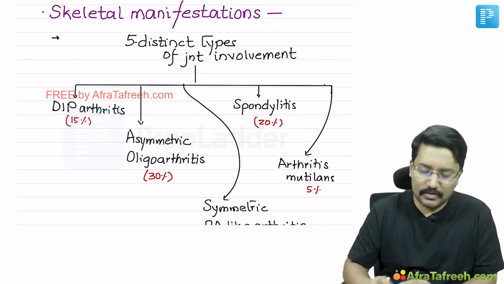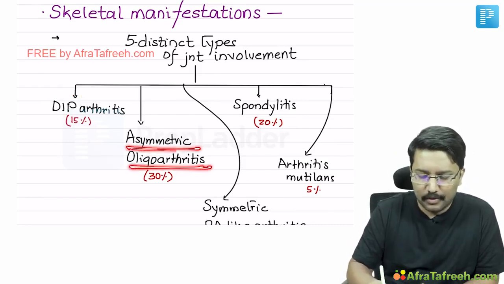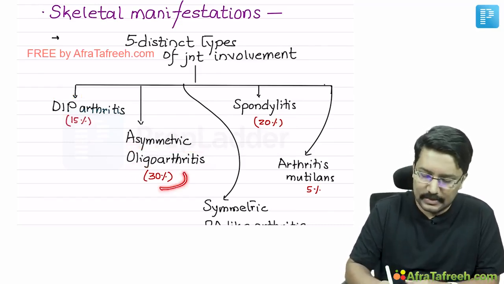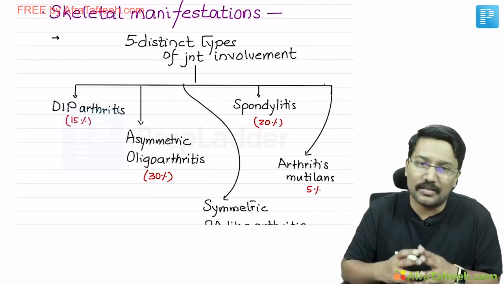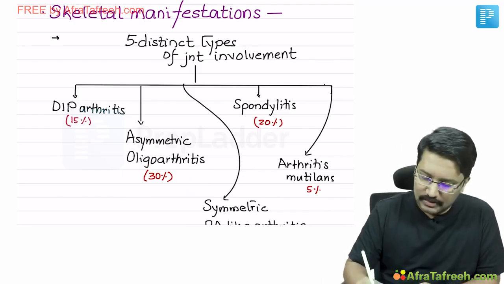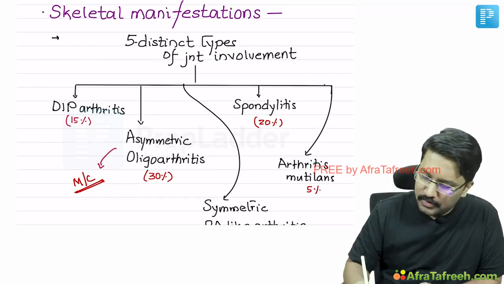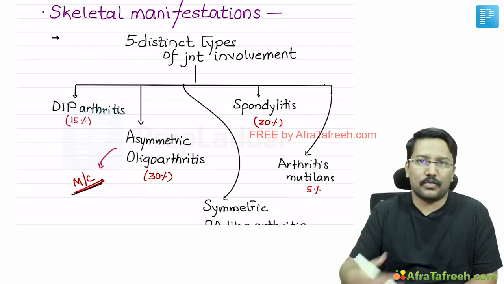Then the second variant is asymmetric oligoarthritis. If you are a very stern follower of Harrison, he says it is seen in 30% of the patients, but most of the rheumatology texts and the latest literature don't agree with this. Actually, the texts and literature say that this is the most common type of arthritis that we see in patients with psoriasis or psoriatic arthritis.